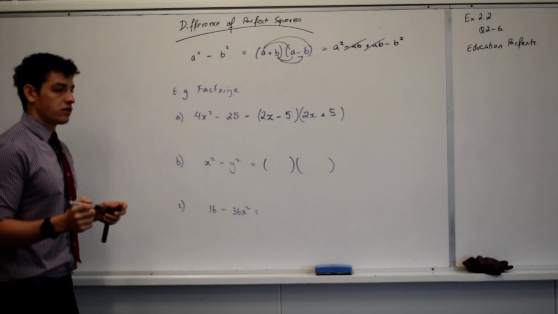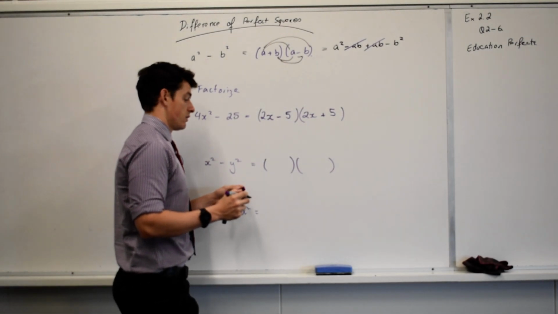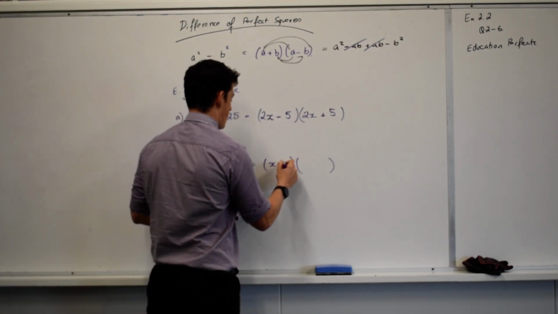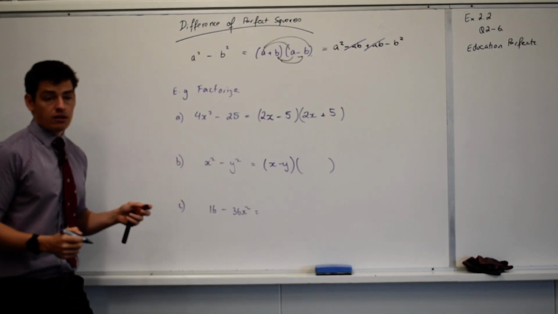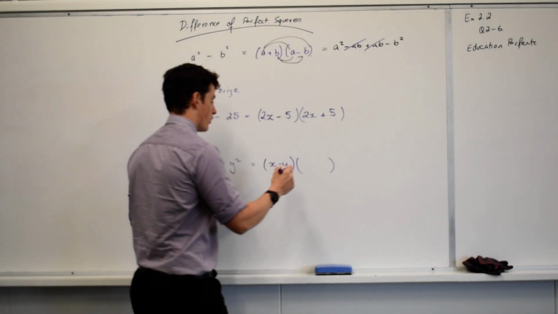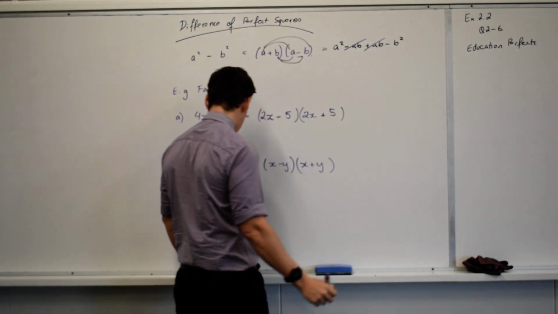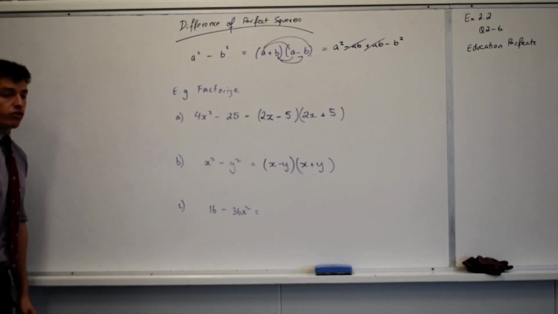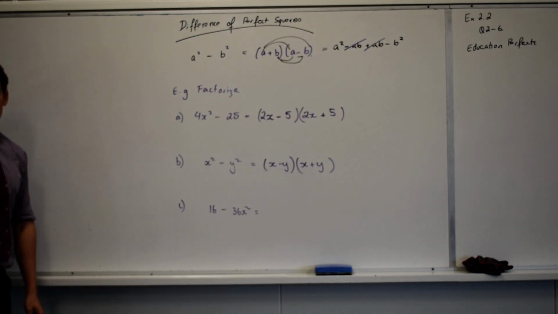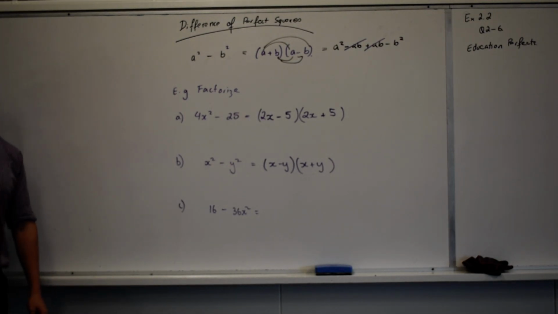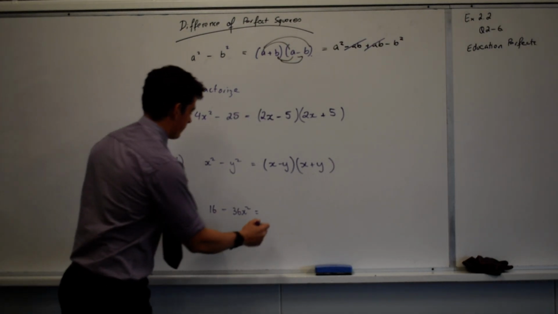Abby, what do you reckon goes in the first bracket here? And now knowing what Abby said, what do you reckon, Mackenzie? Very good. And for the last one, this one's a bit trickier. What do you reckon? Luke, first bracket?